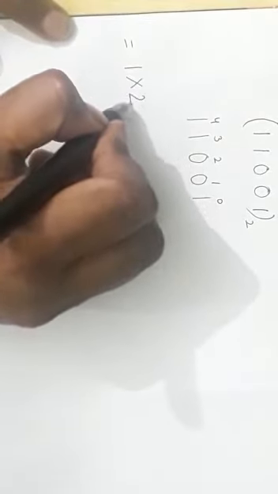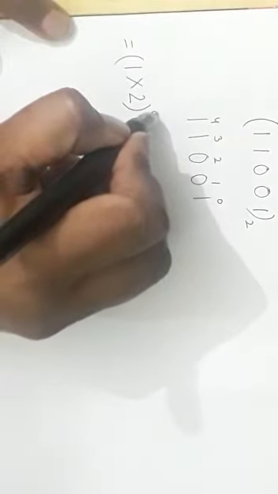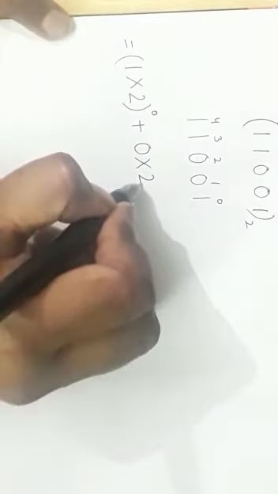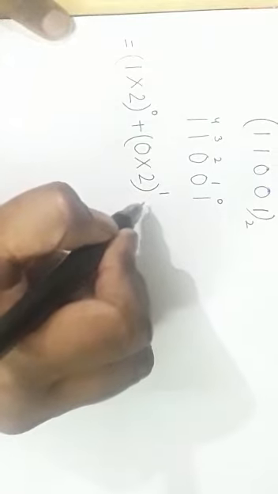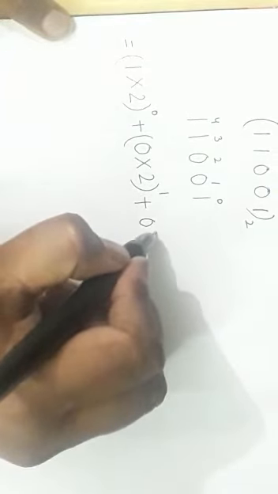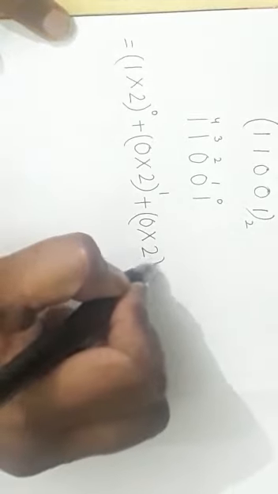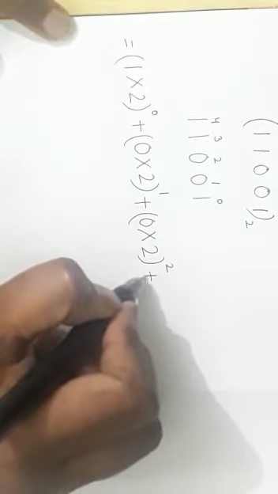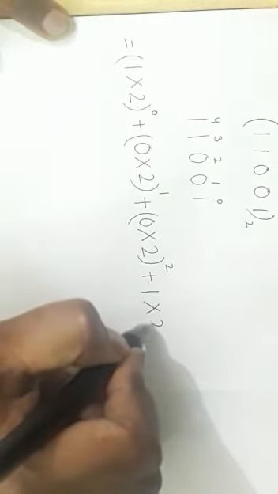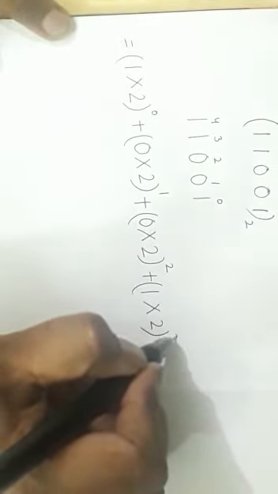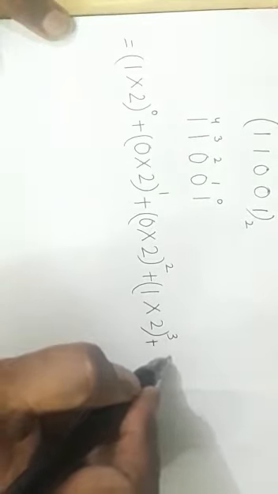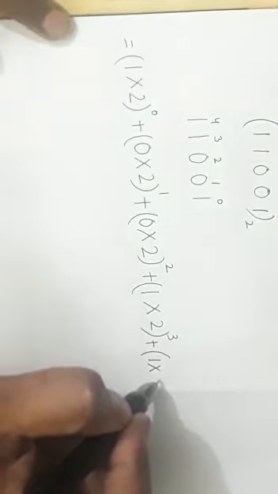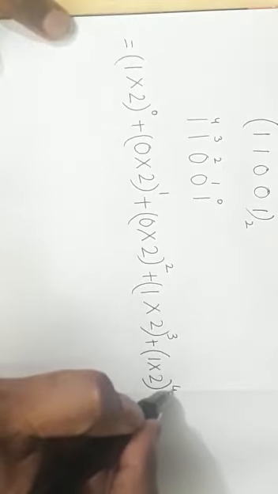Now let us start. How do we write? 1 into base 2 and power 0, plus 0 into 2 power 1, plus 0 into 2 power 2, plus 1 into 2 power 3, plus 1 into 2 power 4.